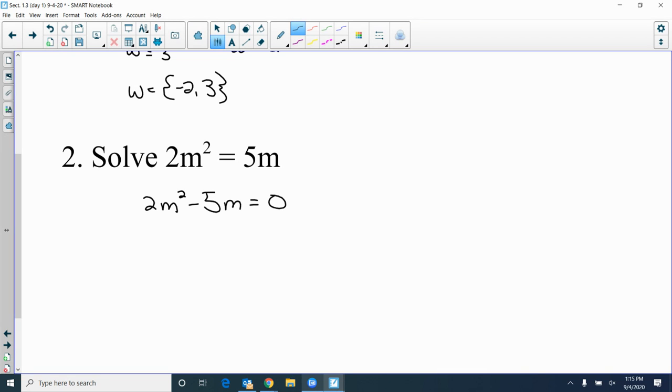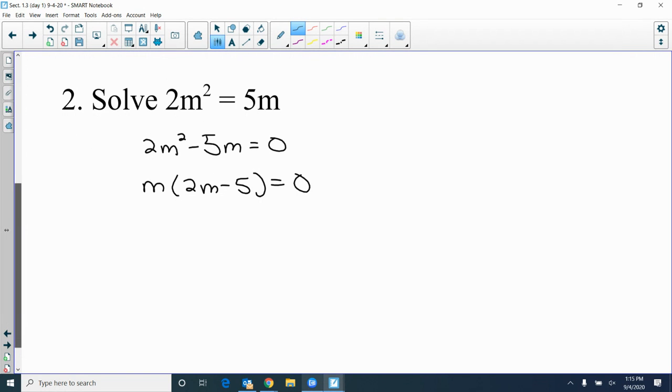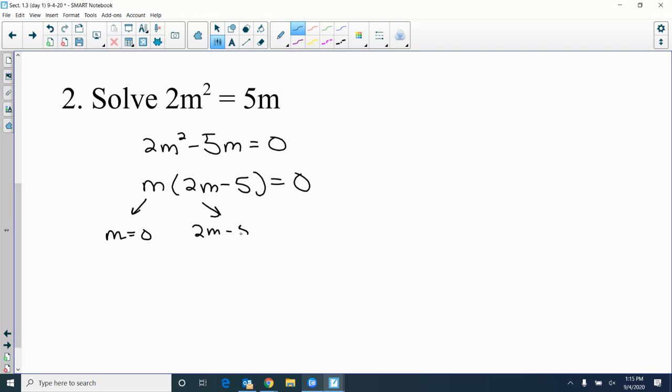Now this isn't exactly the same as the last one. You don't have a constant, but you do have a GCF of m. Take that out. This is a product: m times 2m minus 5. So this is m equals 0, and this is 2m minus 5 equals 0.